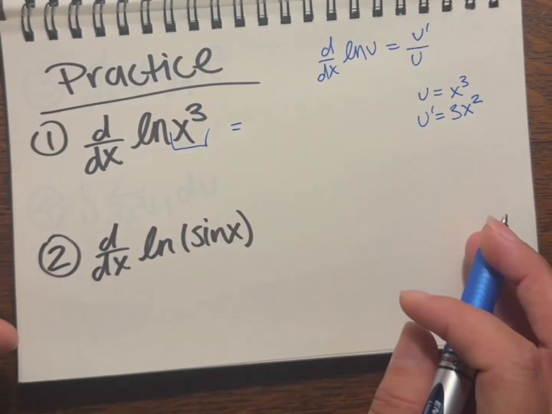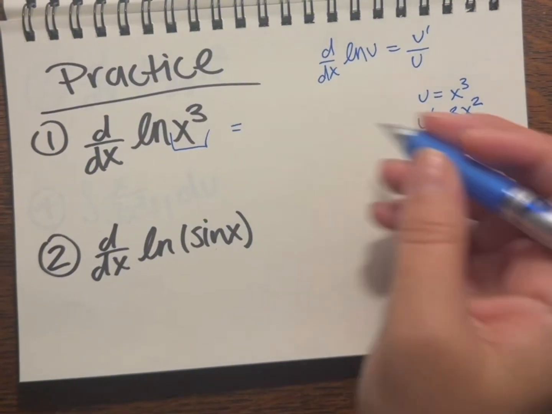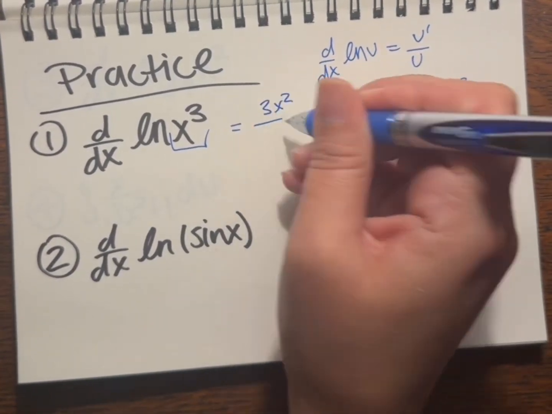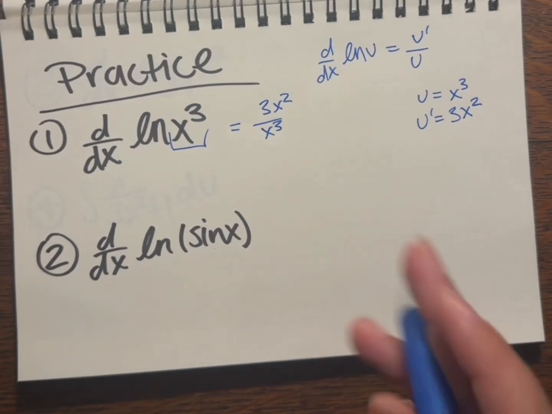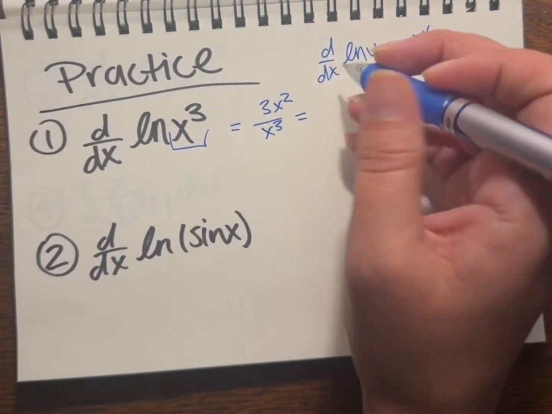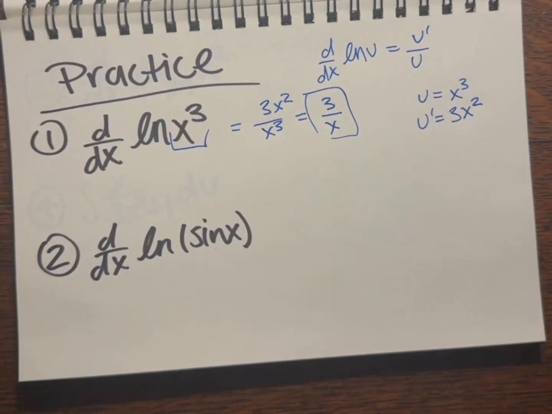So this is u prime over u, which is 3x squared over x cubed. Then you could just cancel out the x's, and you have 3 over x. So this is your answer for the first one.